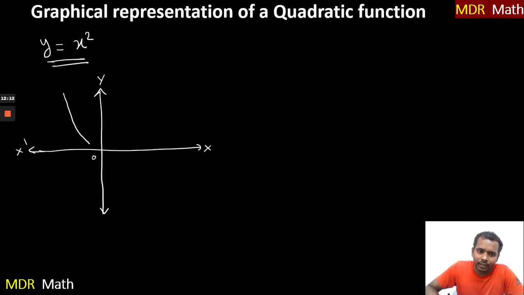So it is a parabolic curve on the xy graph, right? With the vertex at 0, 0. For y equal to x square, the vertex is 0, 0. When you take values like 1, 2 and so on, at x equal to 1, your y is 1, or you can write y is a function of x.